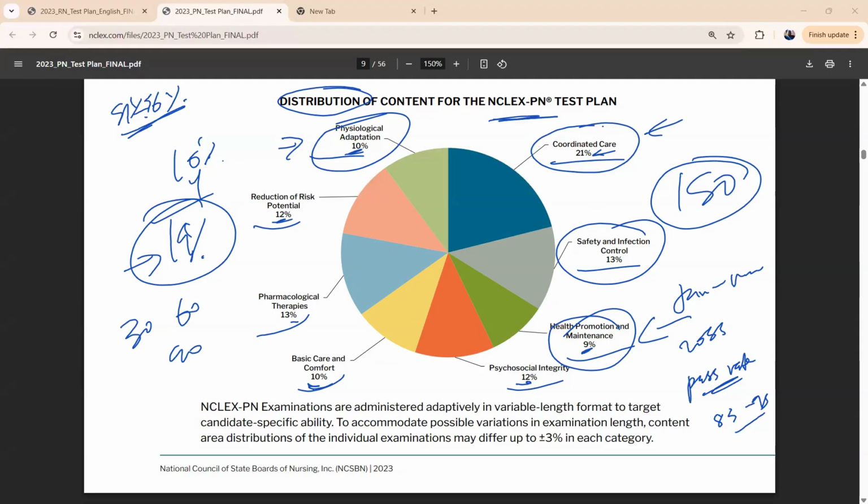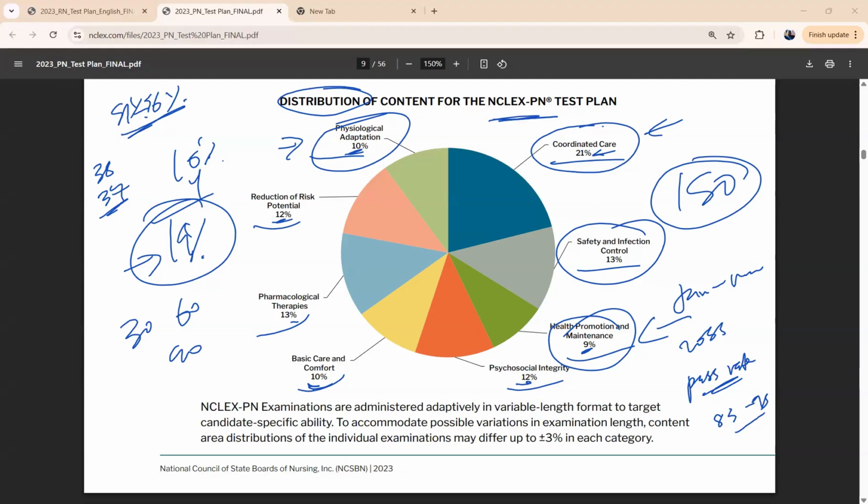Now for PN it is even terrible, right? 38%. Sometimes it goes all the way to 37%. So imagine, you can see there's a problem with people who are failing the NCLEX exam.